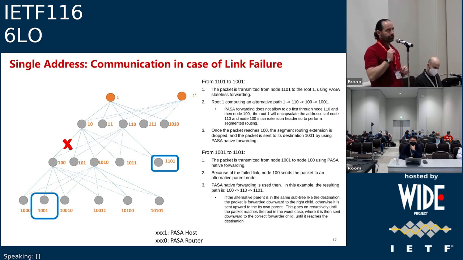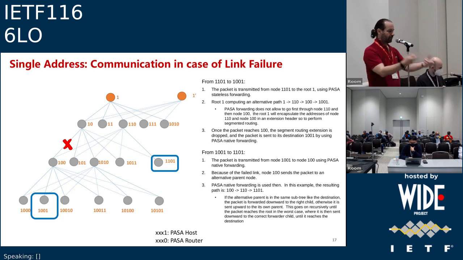In order to find the alternative path, the root has to have a full vision of the topology, which may trigger some more messaging when you do your addressing and set up the network.